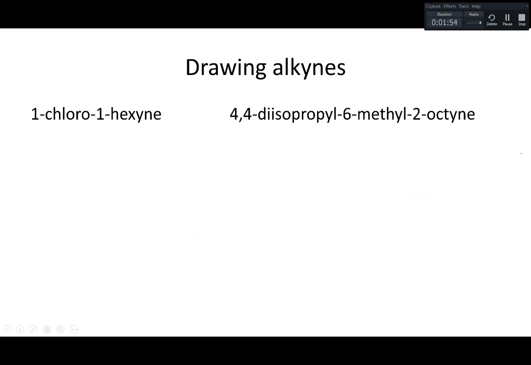You also have to be able to draw alkynes, and the simplest thing to do is just draw the parent and then add the substituent. So 1-chloro-1-hexyne, that would be a terminal alkyne. So you'd have a CH on this end, and then a C, C, and then remember there's already 4 bonds on this, so we'd go CH2, CH2, CH2.